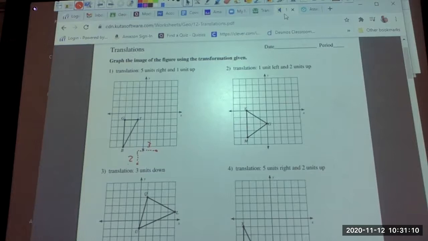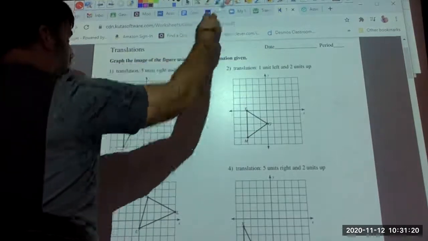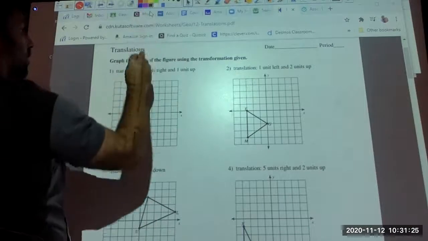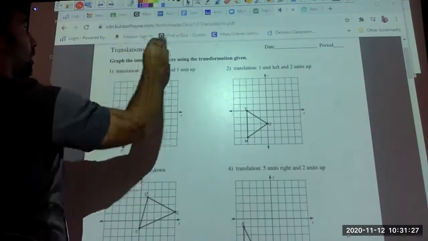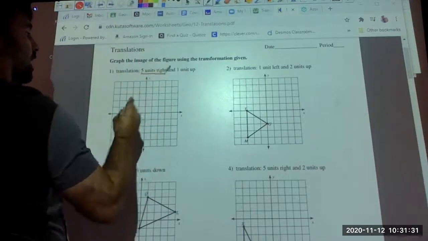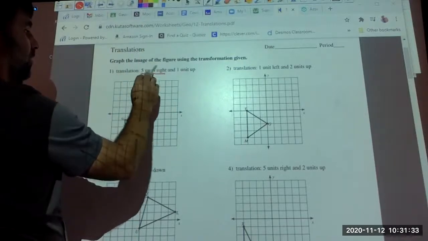You've got to do 2 things. We're going to get it in coordinate notation first, and then we're going to do the new graph. So this says we're going to go right 5 units to the right.